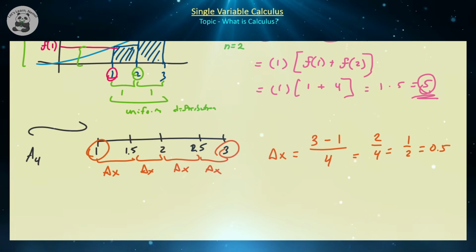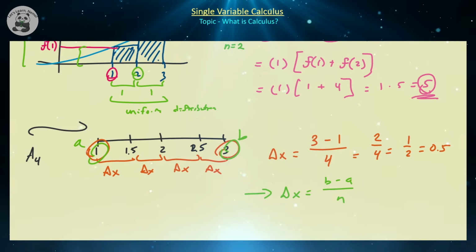In general, delta x is always going to be equal to b minus a divided by n, where b is the upper bound, a is the lower bound, and n is the number of rectangles into which you are partitioning this area, right? So that's for an n rectangle approximation.